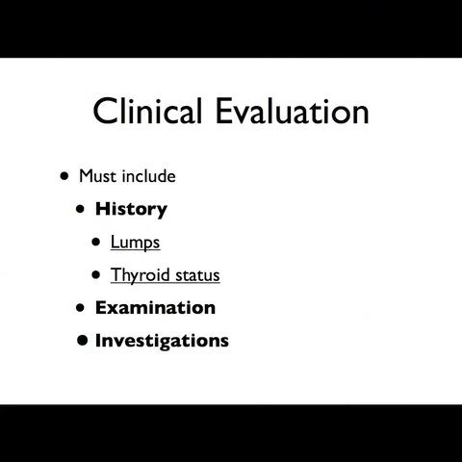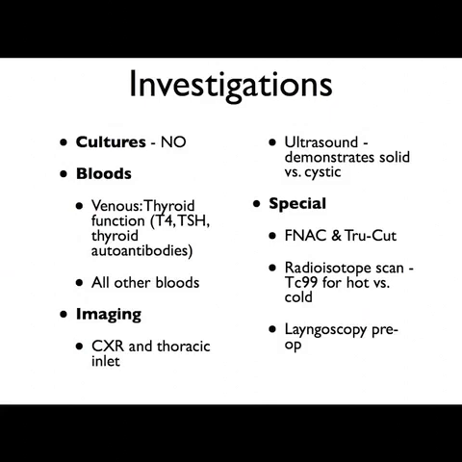So here it is. Cultures, not really necessary in this instance. Venous bloods, obviously you'd be looking for thyroid function and thyroid status, so you'd be doing your T4, your TSH, and any autoantibodies, and then think about any other bloods that are necessary, looking for malignant stuff.